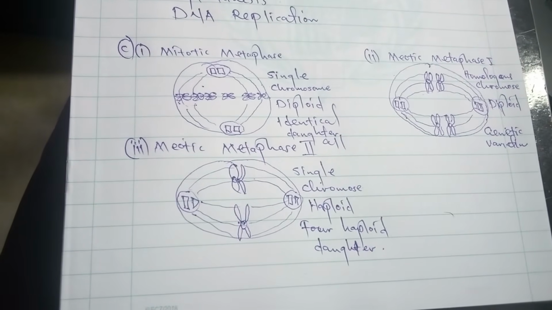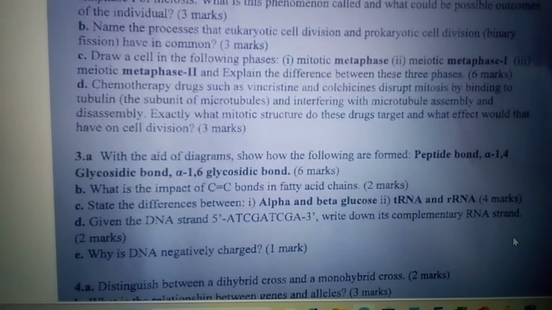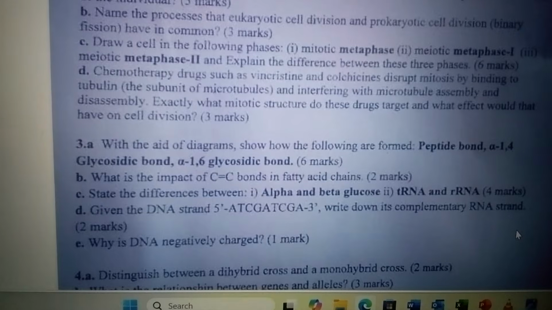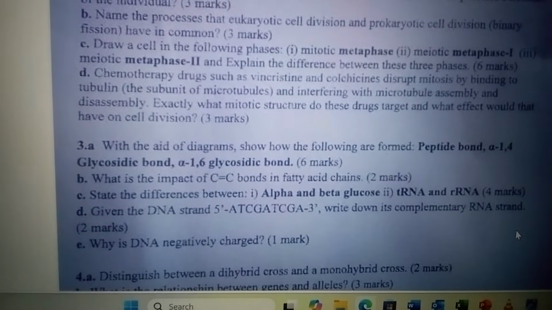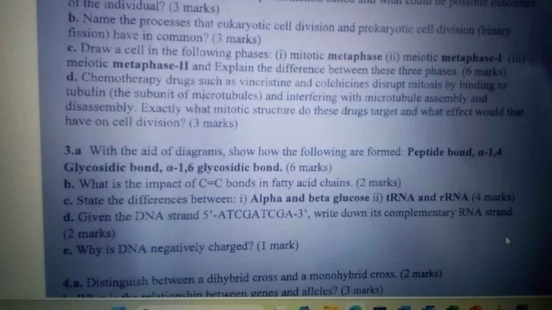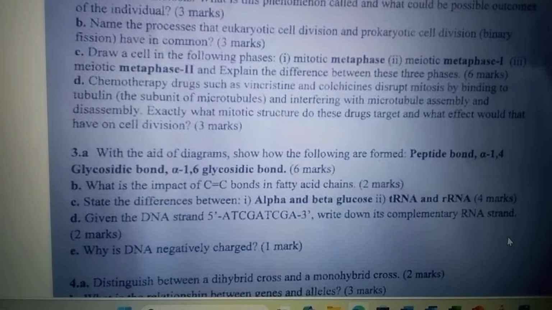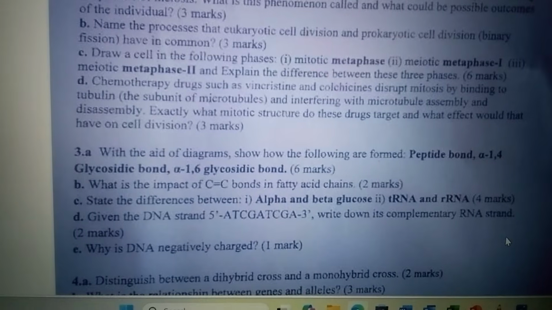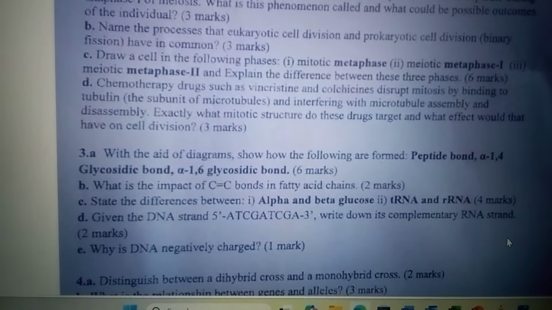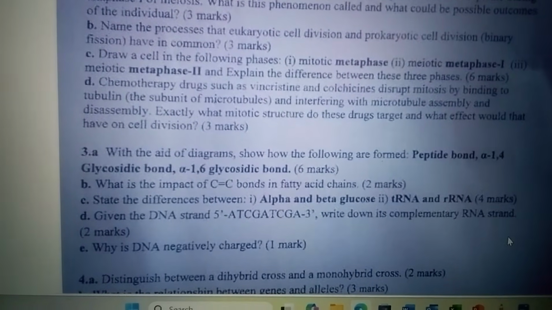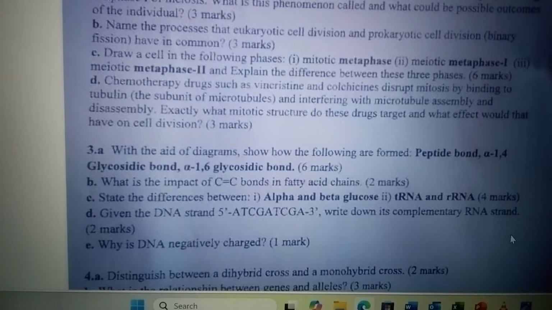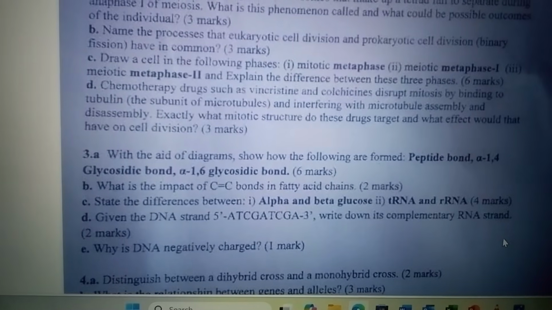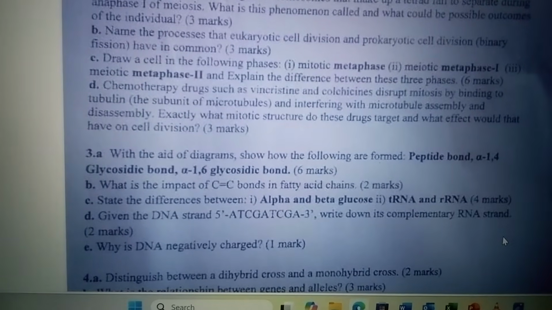So we proceed to the next one. They are saying chemotherapy drugs such as vincristine and colchicine disrupt mitosis by binding to the tubulin subunit of microtubules and interfering with microtubule assembly and disassembly. Exactly what mitotic structure do these drugs target, and what effect would it have on cell division?